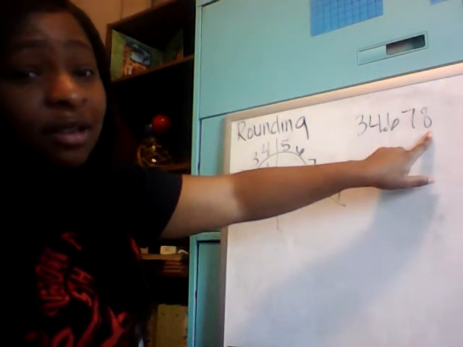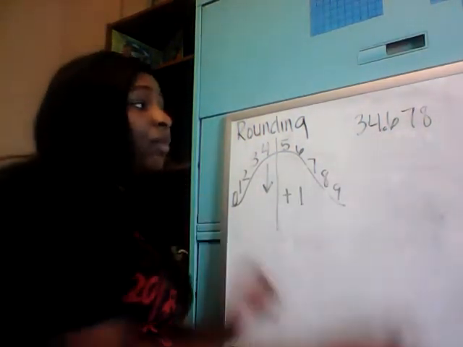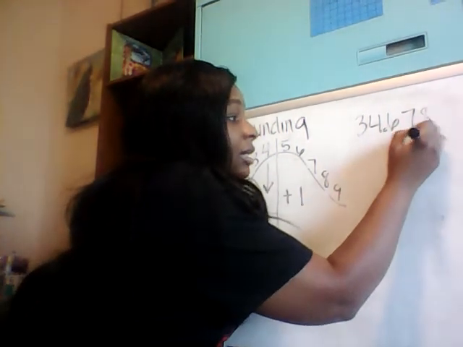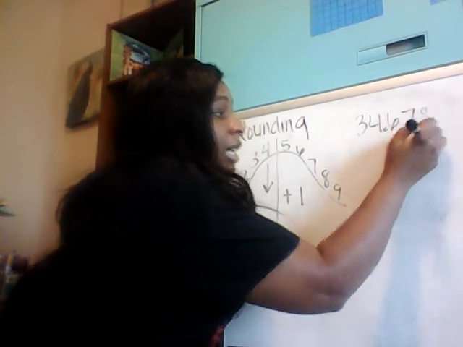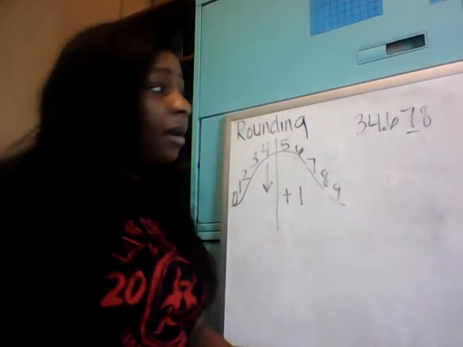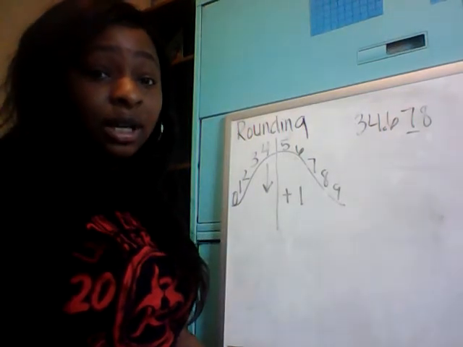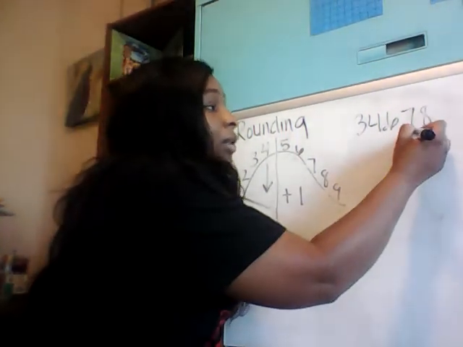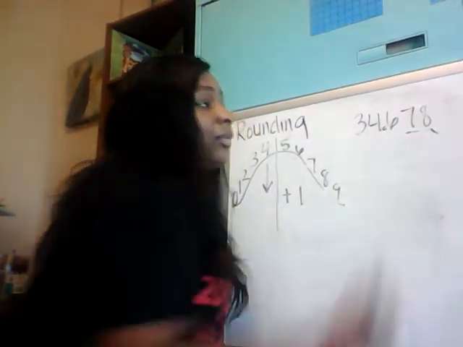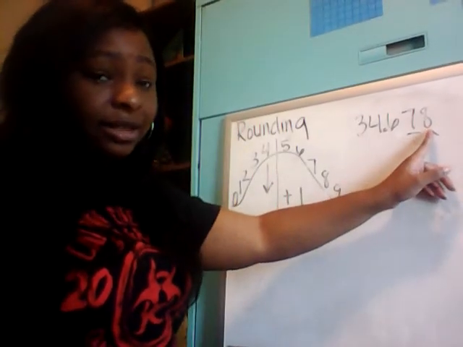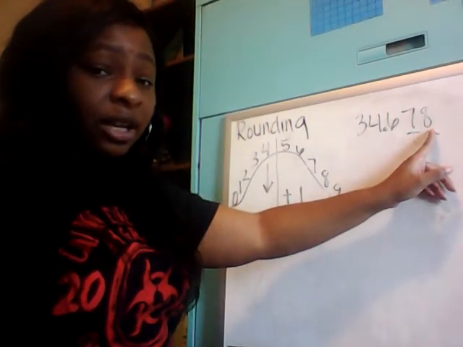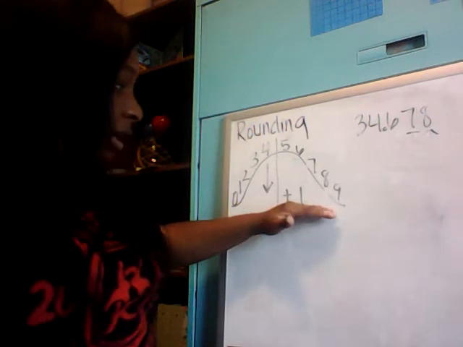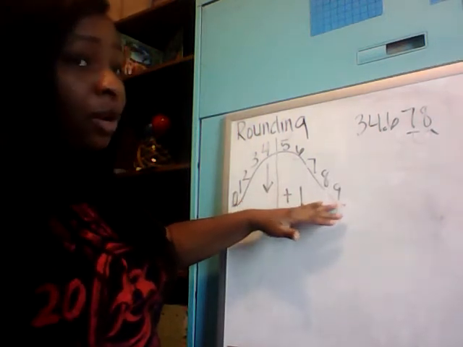Okay? We are going to round the hundredths place value. But the same rules still apply. So we need to look at its neighbor, which is an 8, and find out where it is on our hill. On our hill, it's on the add 1 more side.